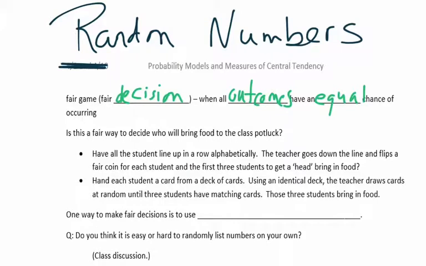You would say, yes, it is fair because all of the outcomes have an equal chance of happening, or rolling a die is fair because each side has an equal chance of coming up on top. Or you would say it is not fair because here's where something isn't equitable, where you don't have the same chance of something happening.